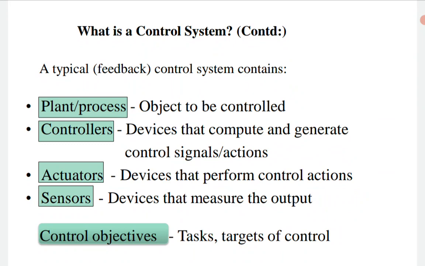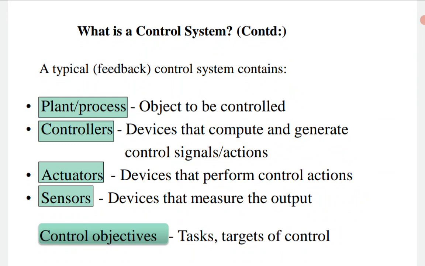It is the object to be controlled. Controllers are devices that compute and generate control signals or actions. Actuators are devices that perform control actions. Sensors are devices that measure the output. Control objectives are the tasks, the targets of control, what we need to control.